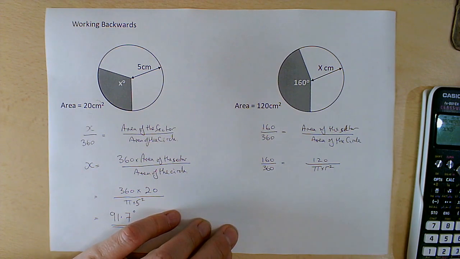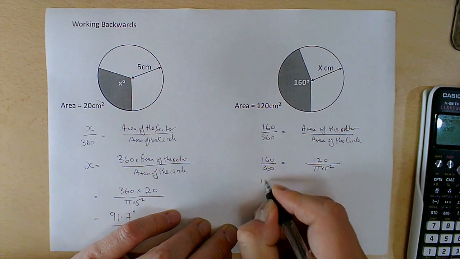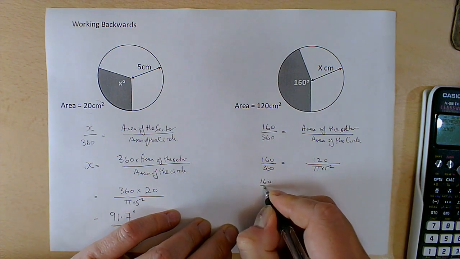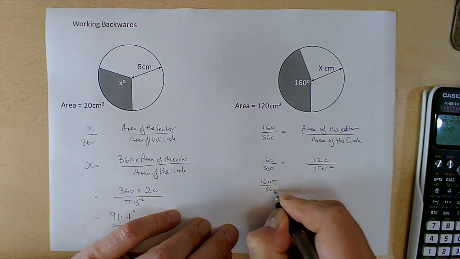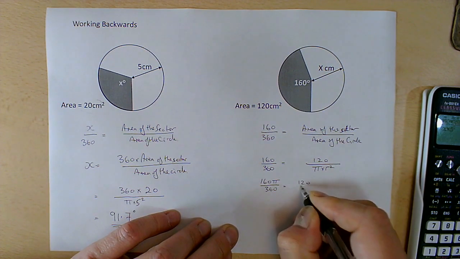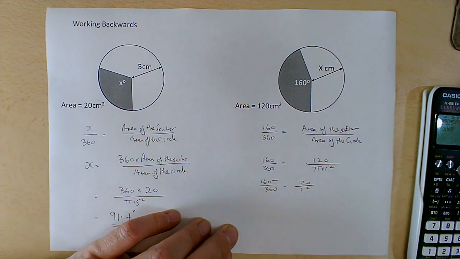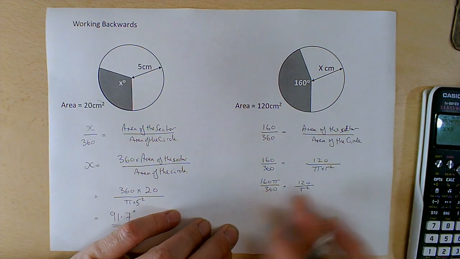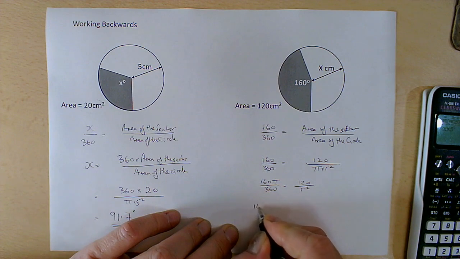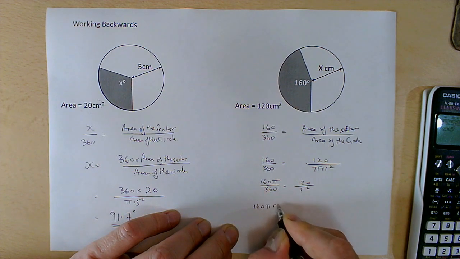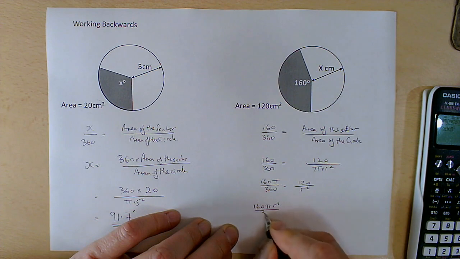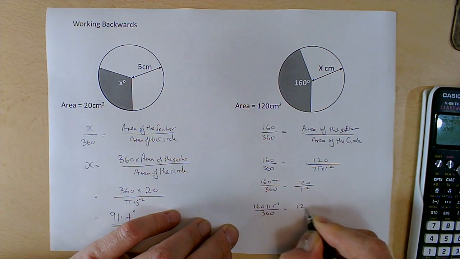So let's try and get all of these things onto one line. So let's multiply both sides by pi. That gives us 160 lots of pi divided by 360 equals 120 divided by now r squared. Let's multiply both sides by r squared. That gives us 160 pi r squared over 360 equals 120.